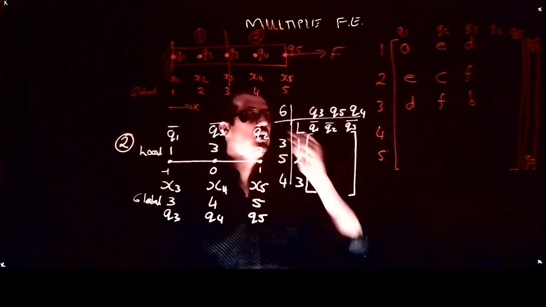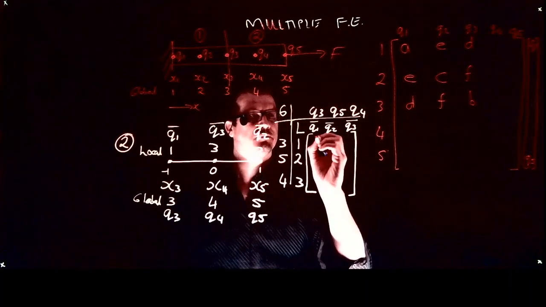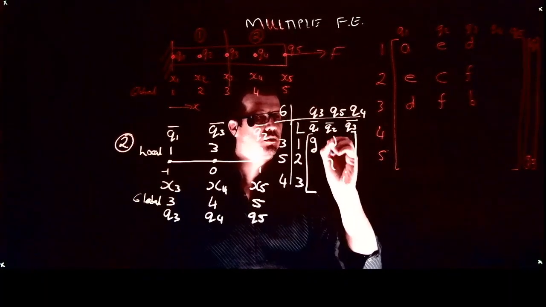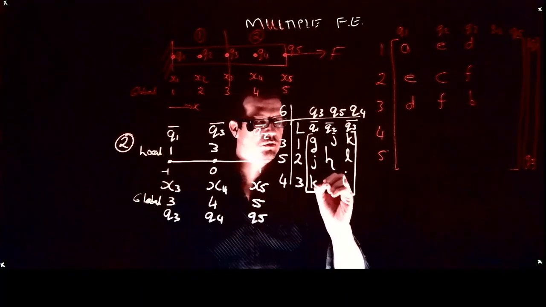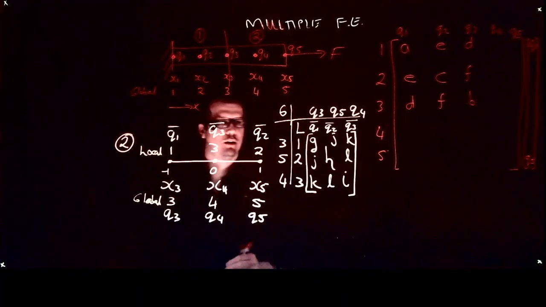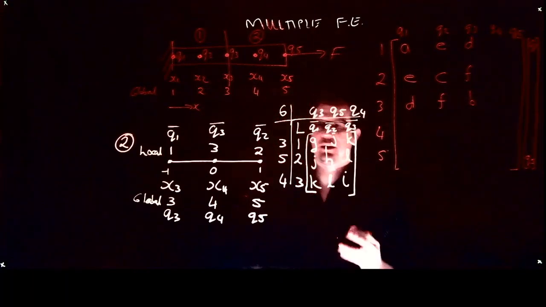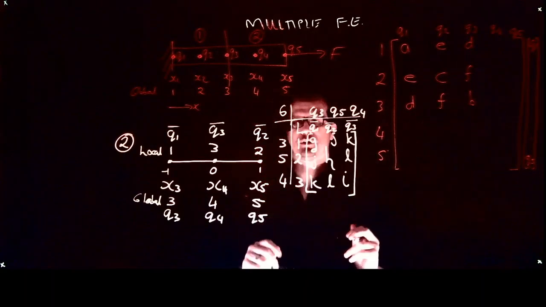So we stopped last time at F, so there's the entries, again the symmetry of the stiffness matrix, and now we can just go and say let's add it into this stiffness matrix in our big global stiffness matrix.